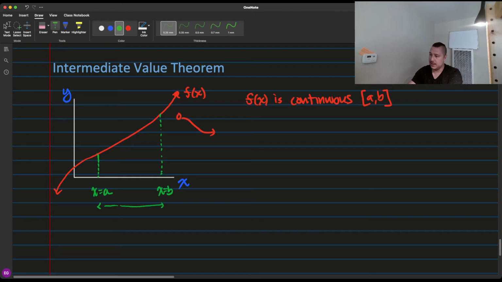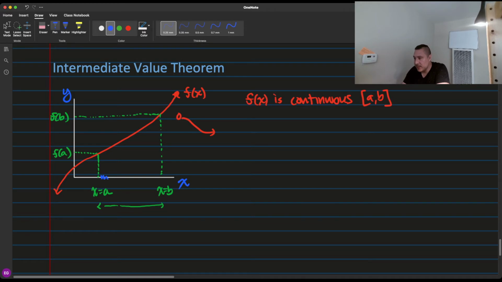Let's call this f of a. There we go. This has some y value f of a. This has some y value f of b. So there are two intervals.